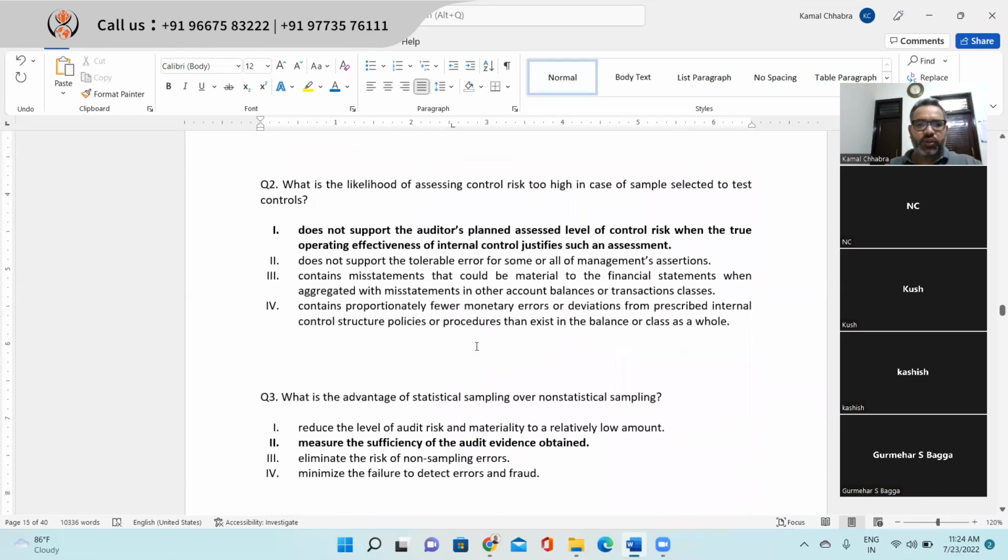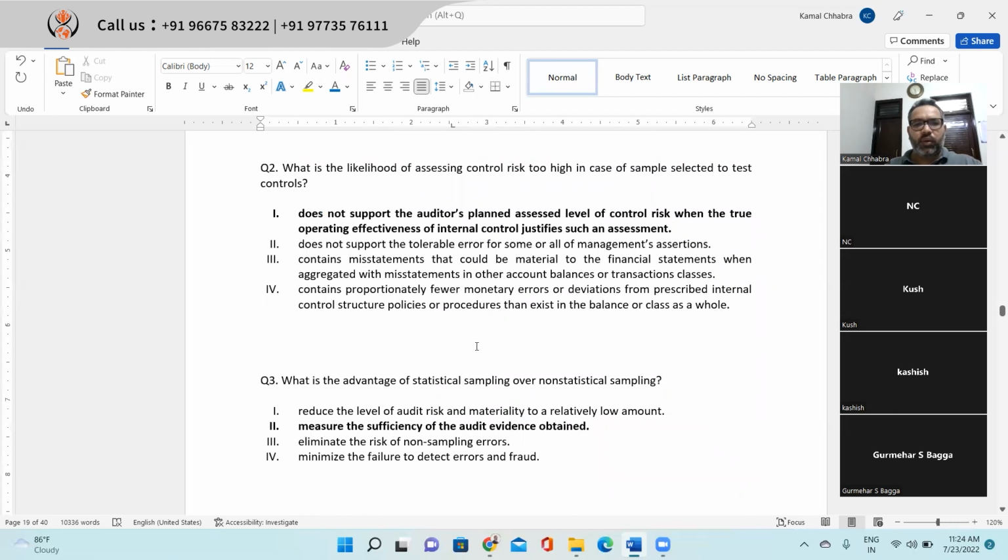Okay, second question: what is the likelihood of assessing control risk too high in case of a sample selected to test the control?